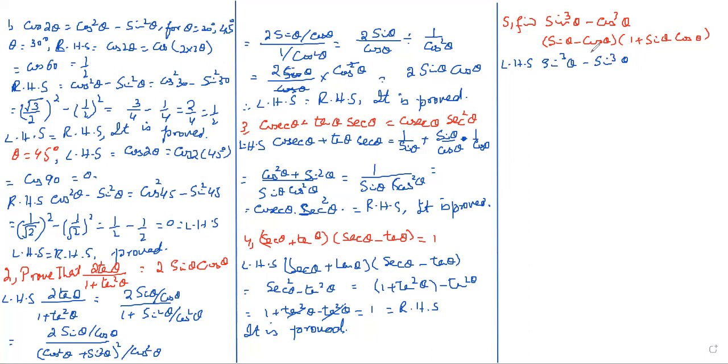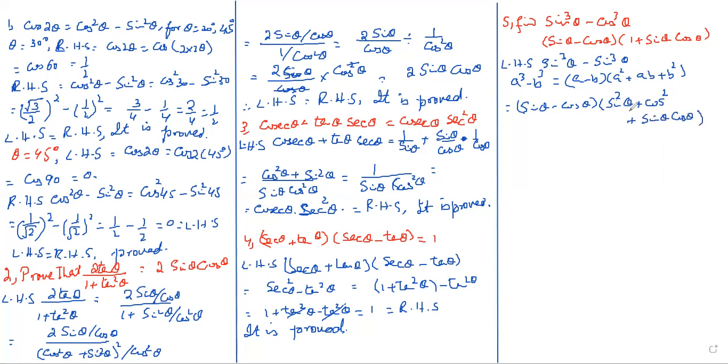So using a cube minus b cube, which is equal to a minus b times a square plus ab plus b square, it is sine theta minus cosine theta times, first term square, sine square theta, plus second term square, cosine square theta, plus the multiplication of these two, sine theta cosine theta.